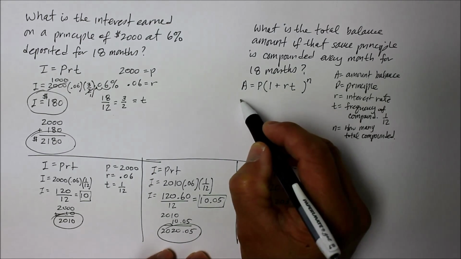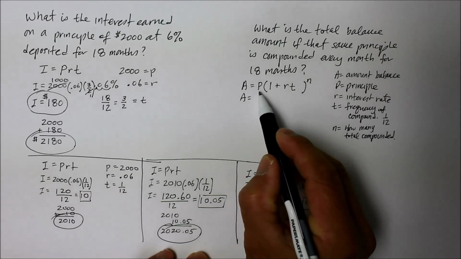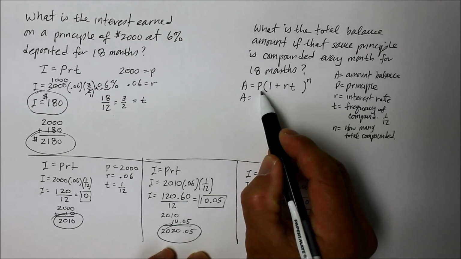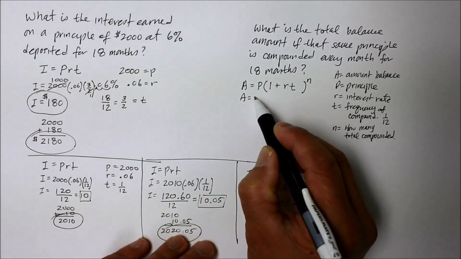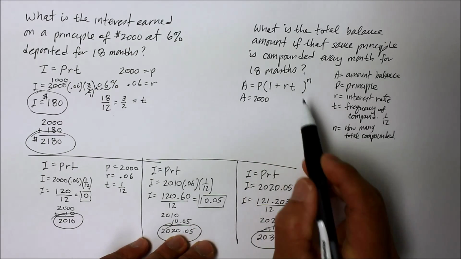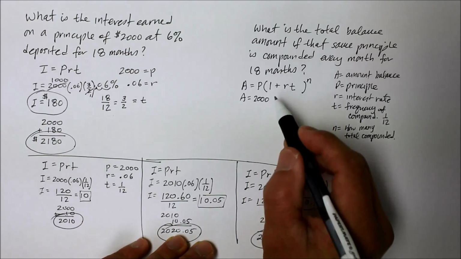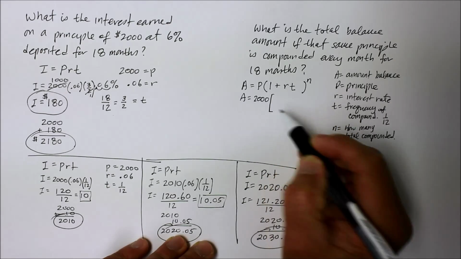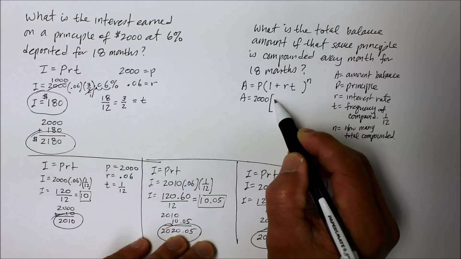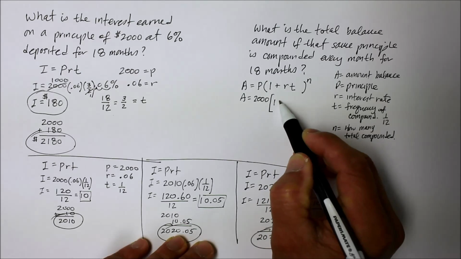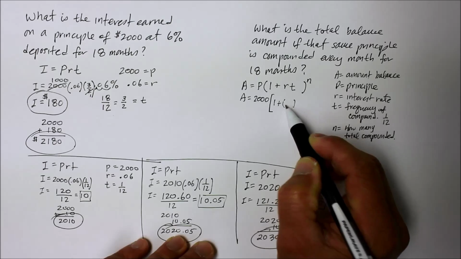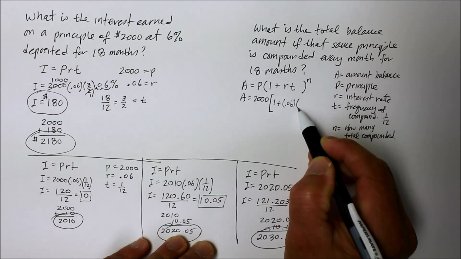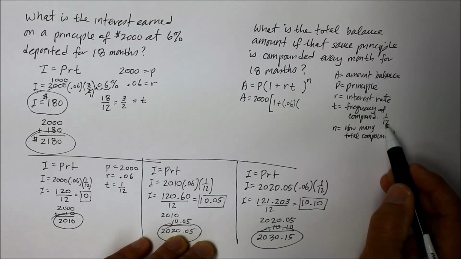So let's plug in some numbers. So A is equal to the principal, $2,000. Now there's going to be a bracket within a bracket, so a parentheses within a parentheses. So I'm going to use a bracket to distinguish it. Times the quantity of 1 plus the R, which is 0.06 as before, and the time is 1 out of 12.